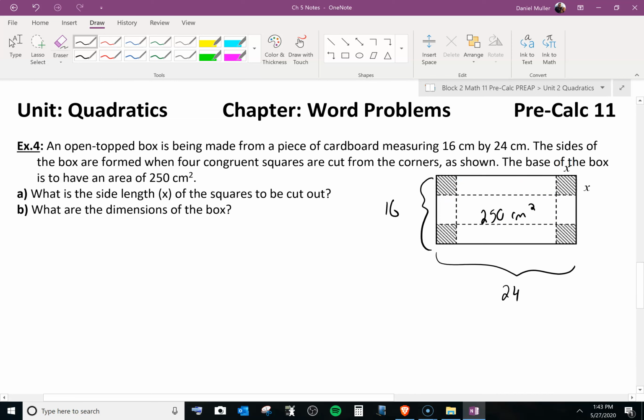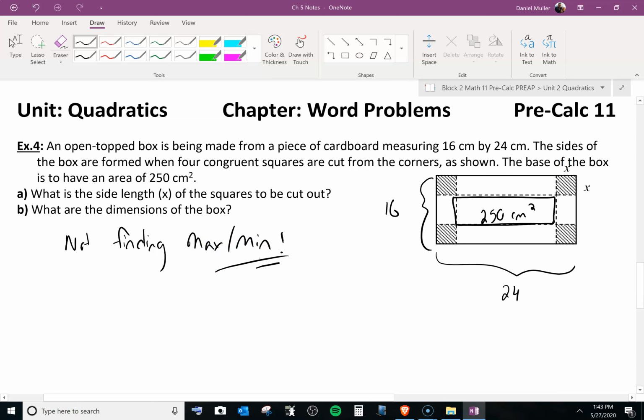All right. So one of the things that we can do is, we know that we're given the area. Maybe first I should mention, nowhere in here does it say that this is a maximum question. We are not finding a max or a min.